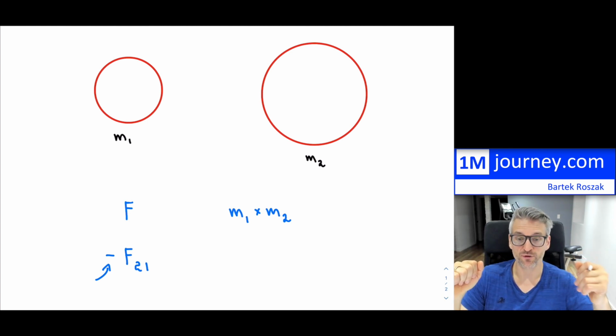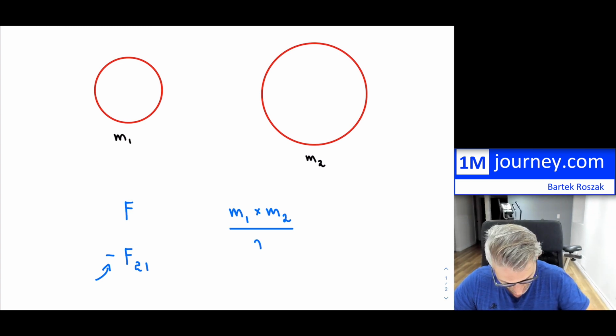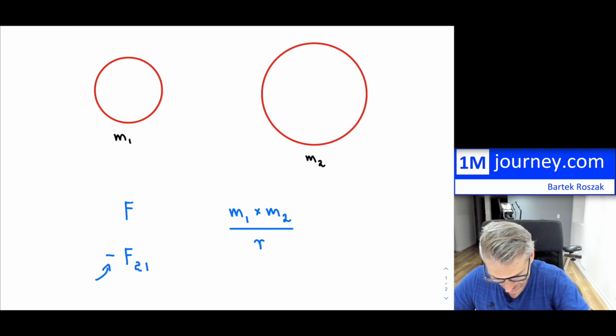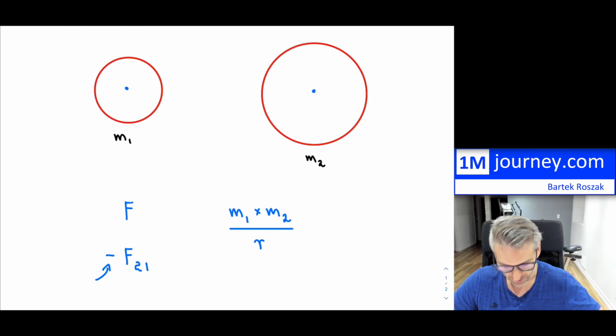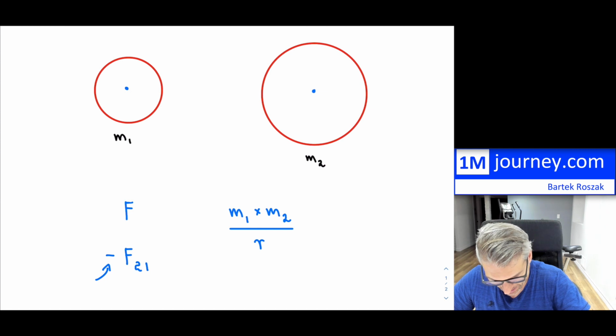Now this inversely proportional item, what has been observed is that it's going to be in the denominator. What this is referring to is that if you take the center of your actual object, so it's very convenient if they're circles, then you can take the center directly, and this is the actual distance in between.